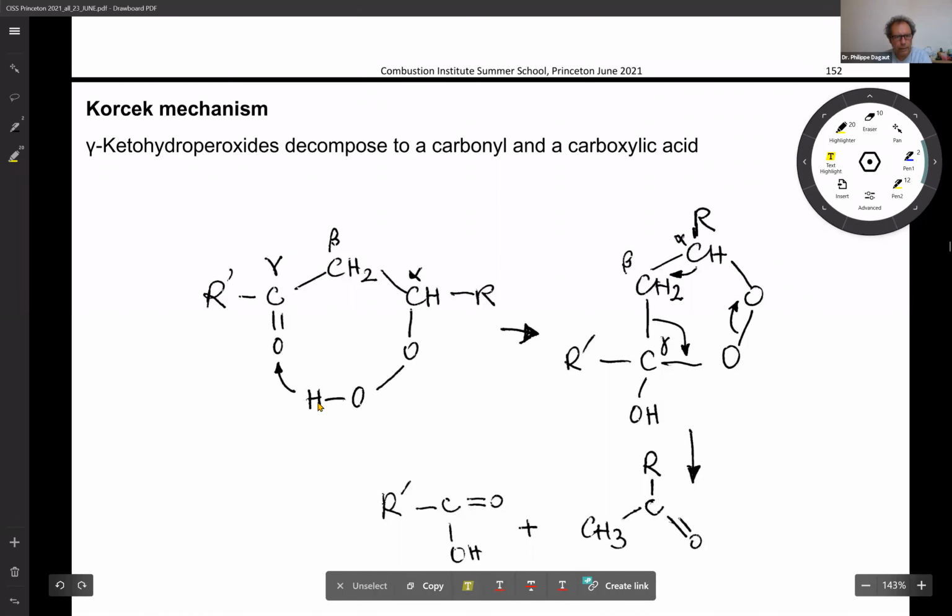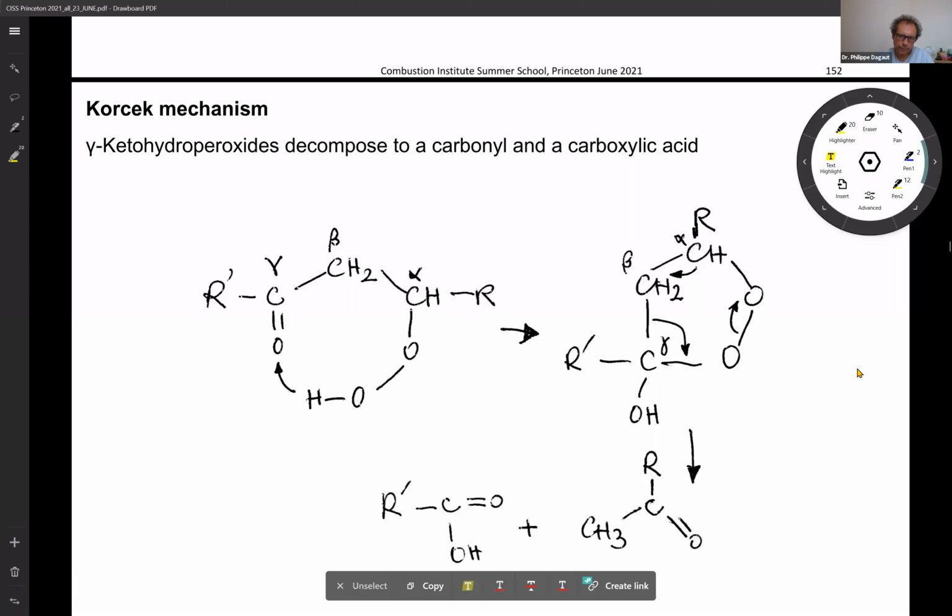So we have an H atom transfer to the carbonyl here, and then you have a subsequent bonding of this oxygen with this carbon, and then decomposition of this cyclic intermediate to produce a ketone here and a carboxylic acid.